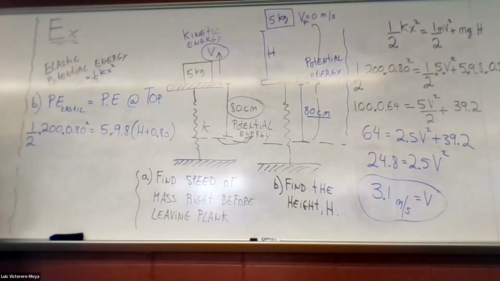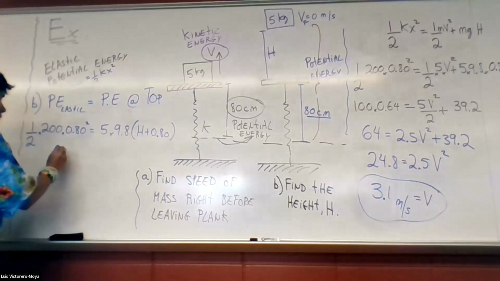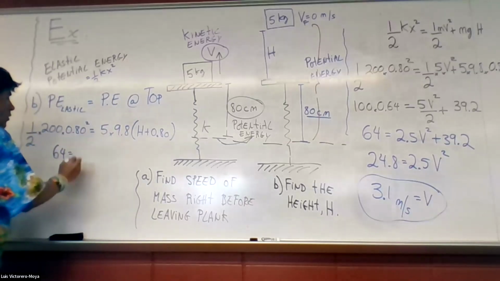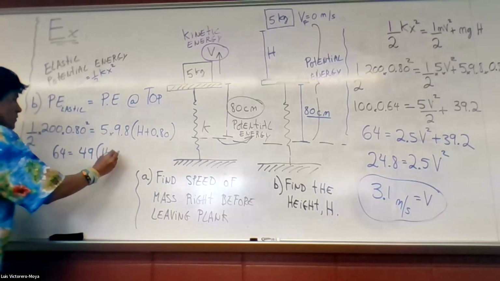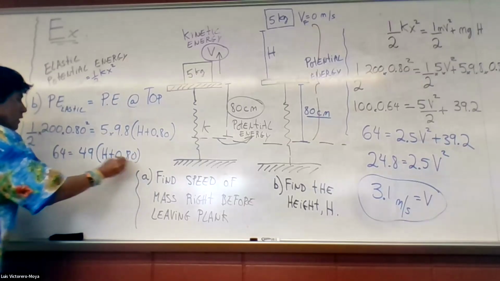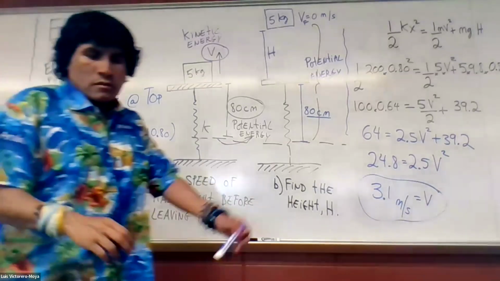So yeah, again 64, we got it before. 49 times h plus 0.80. Divide by this, so 64 divided by 49.